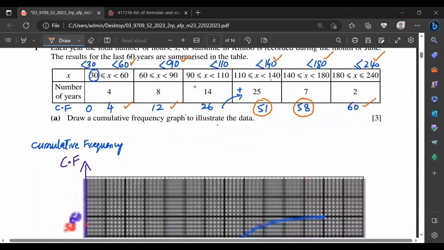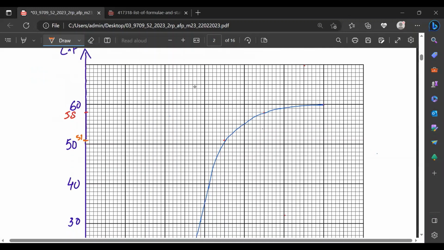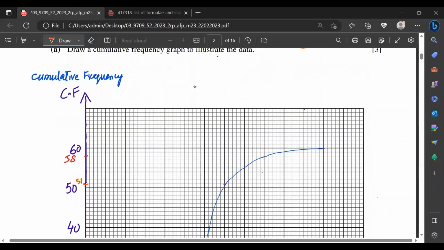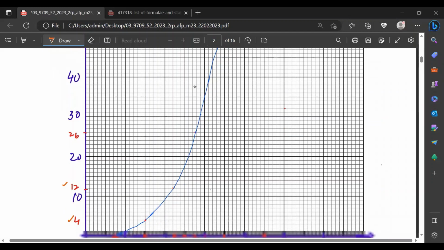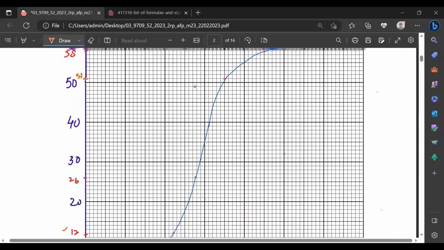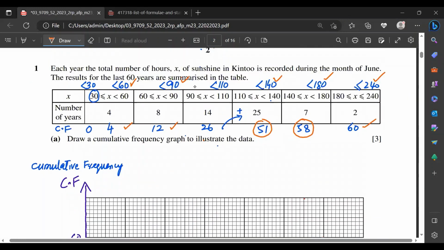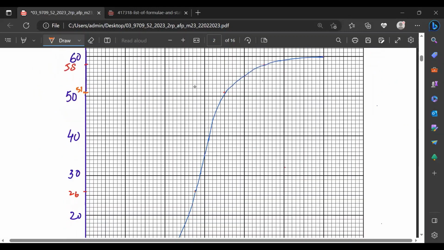In this way I plot the points, and after plotting the points, you can join them with a smooth curve, and this graph is called the cumulative frequency graph or the cumulative frequency curve. There are 1, 2, 3, 4, 5, 6 points you can plot.